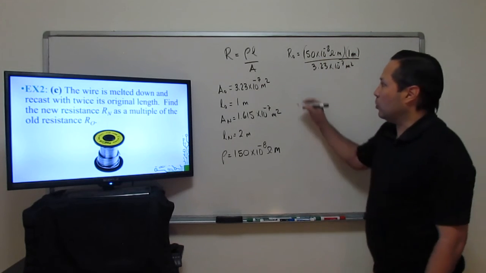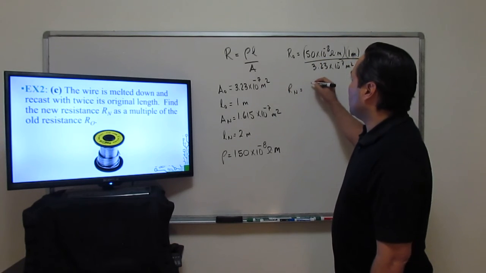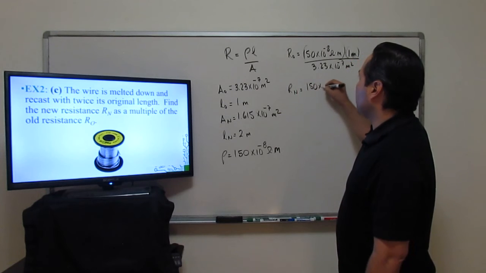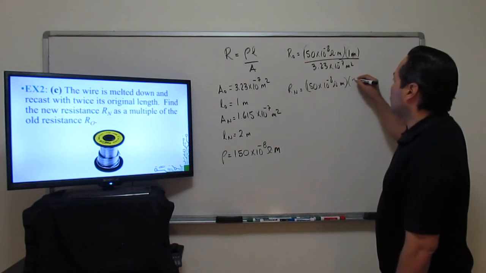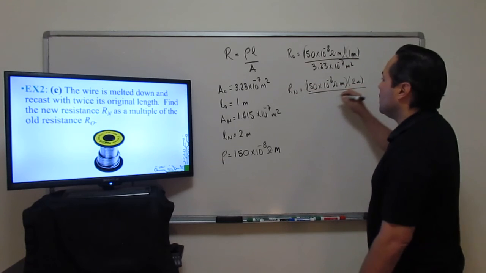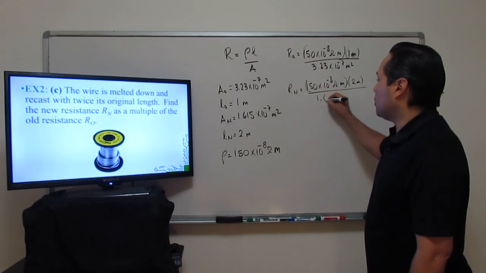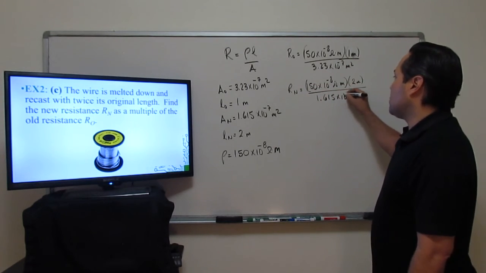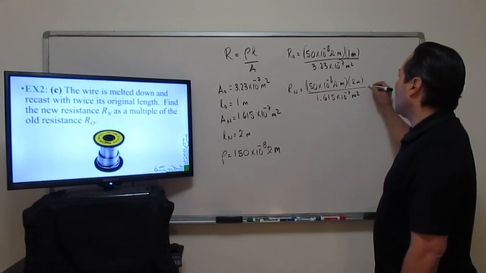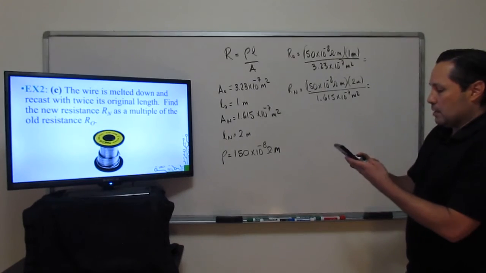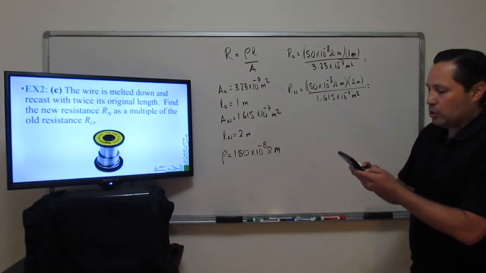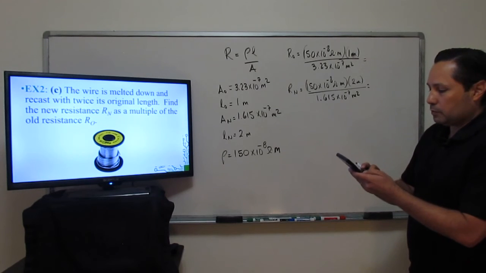For the new resistance, it's going to be 150 times 10 to the negative 8. This remains the same. The new length is 2 meters, and the new area becomes 1.615 times 10 to the negative 7 meters squared. So now we're going to solve for both of these and compare them to each other and see how they differ.